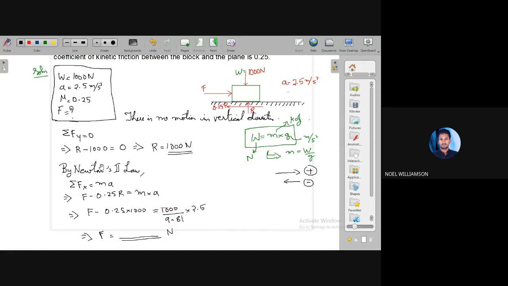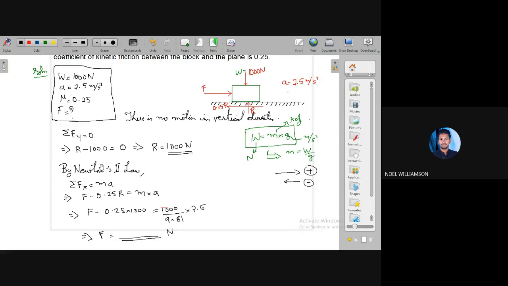Those who have got the value, just put it in the chat box. So in these problems, what we are doing is this: there is a certain direction along which there is no motion at all.